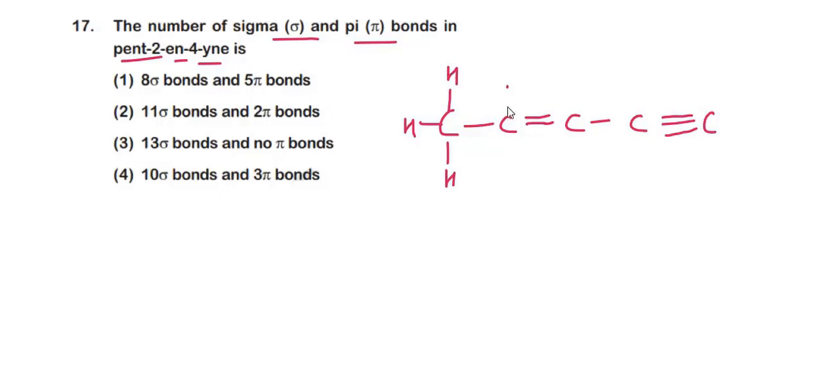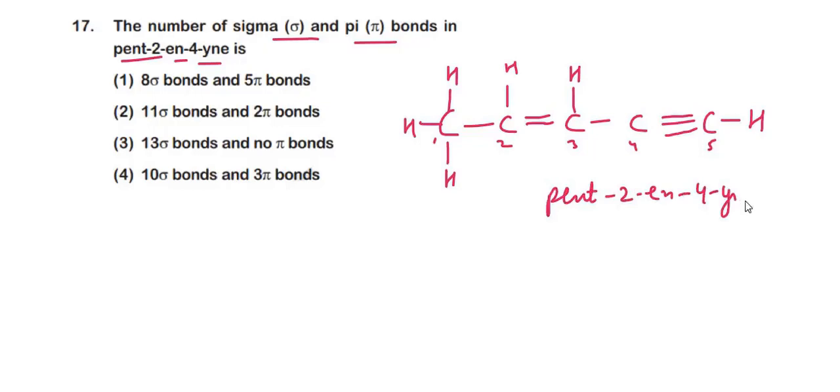Here carbon is involved in 3 bonds, so one remaining is hydrogen. Here also the fourth bond is with hydrogen. Here already 4 bonds are formed, and at last carbon 1 bond is formed. So this is 1st, 2nd, 3rd, 4th, 5th carbon. So this is the structure of pent-2-ene-4-yne.